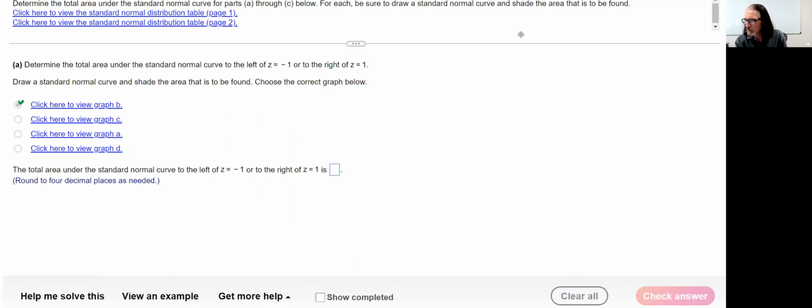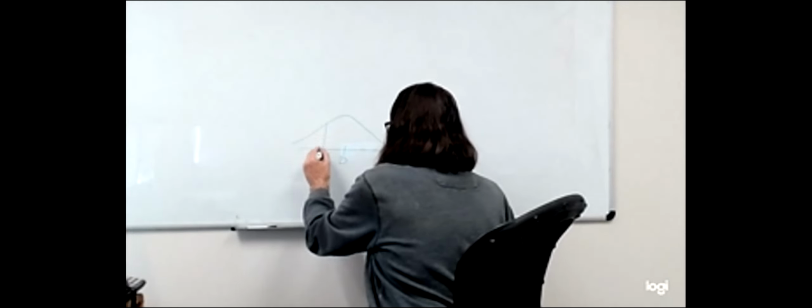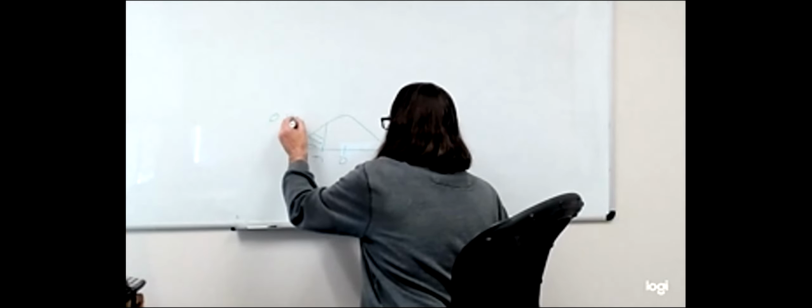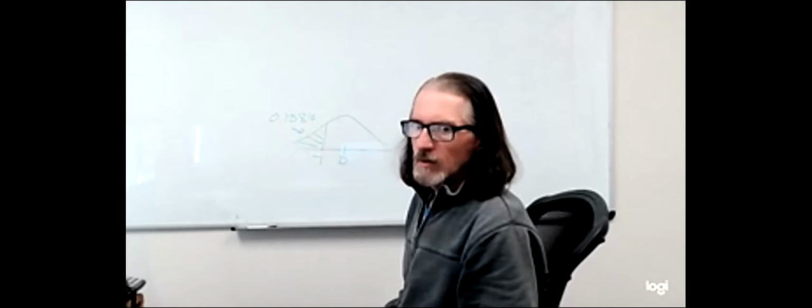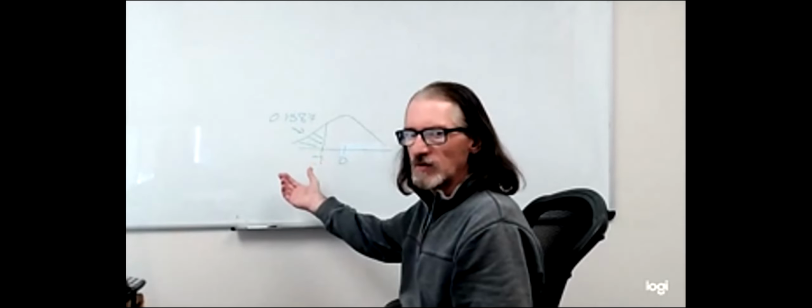Now, let's take a look at what that's telling us so far. That means the area here is 0.1587. That can be interpreted as the proportion of the population with a z-score less than -1.